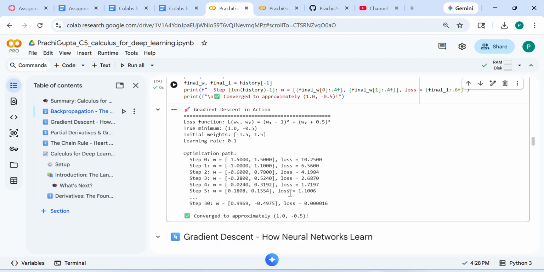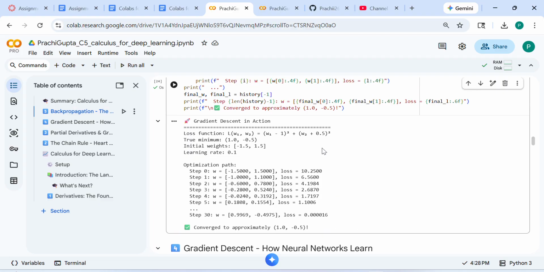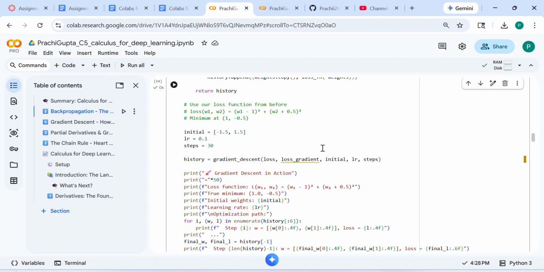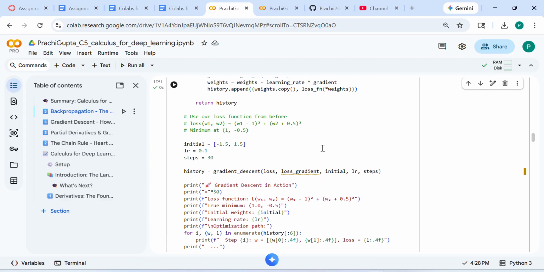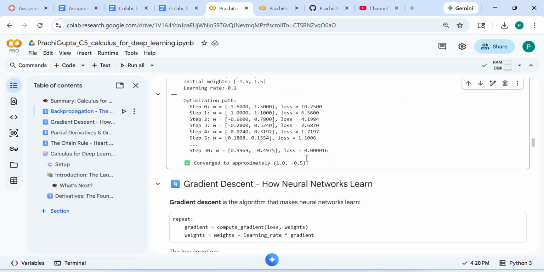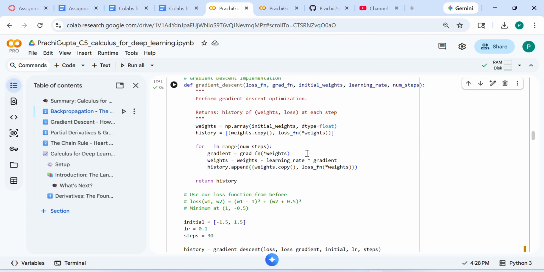We kept doing it until our loss became minimum, and this converges approximately to 1, minus 0.5. So this is how we keep changing our weights until the loss becomes minimum.